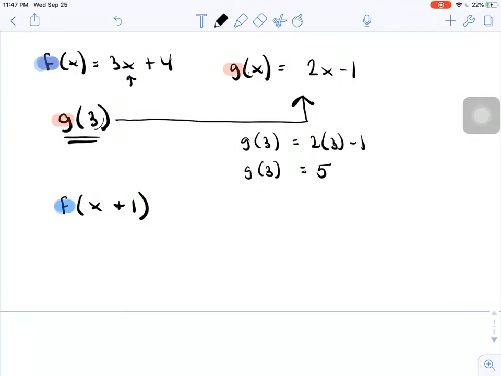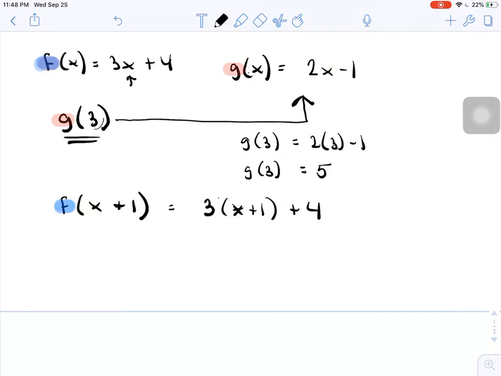So if I'm given an expression as my input, I can still take that expression, multiply it by 3, and add 4, just like I would if I was working with a number. The only difference is because this is an expression, I can't actually evaluate it. I've got a variable in here that's getting in my way, but I can simplify it.